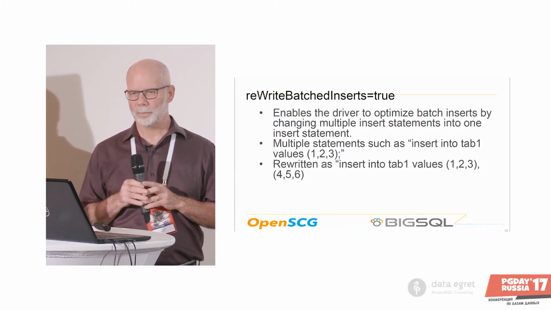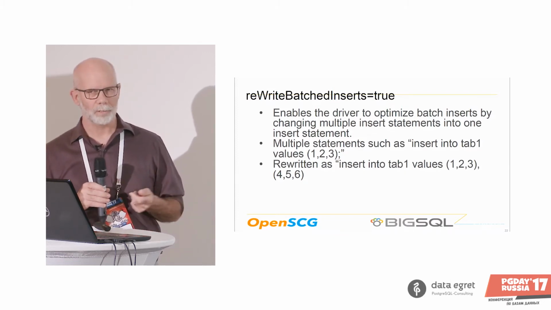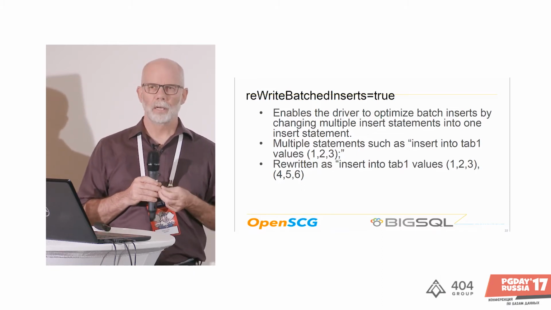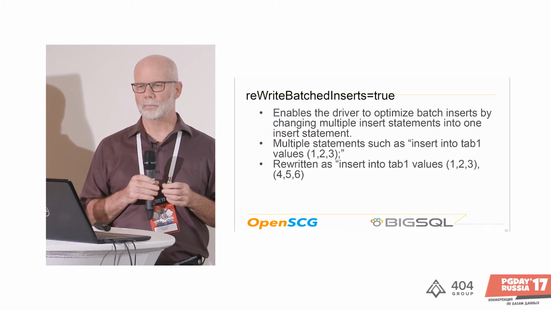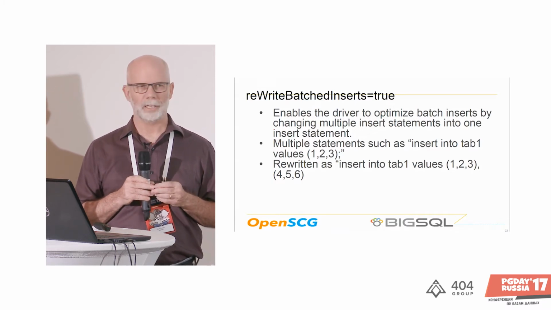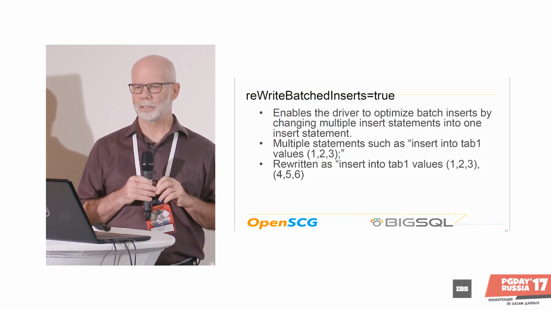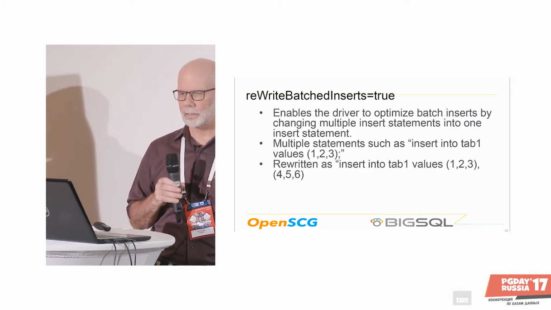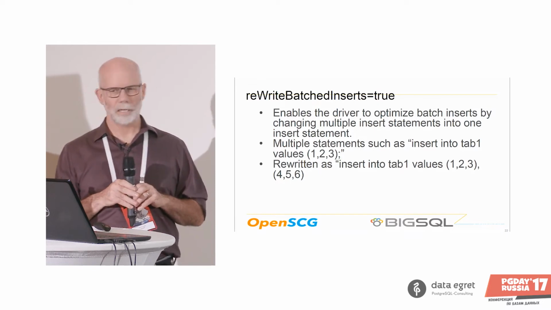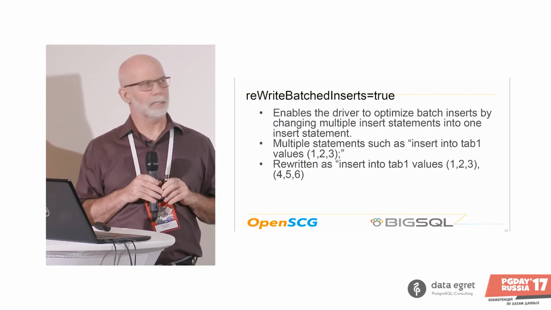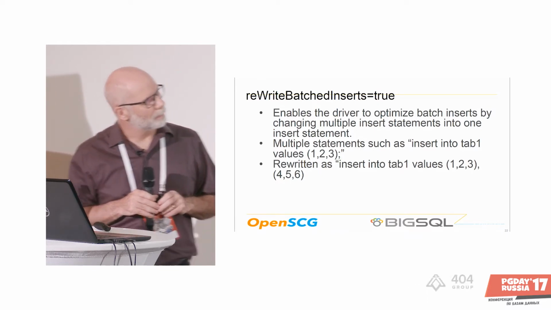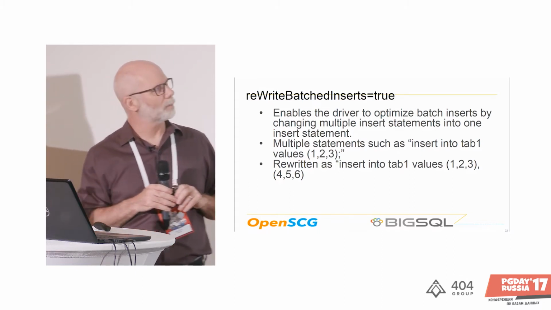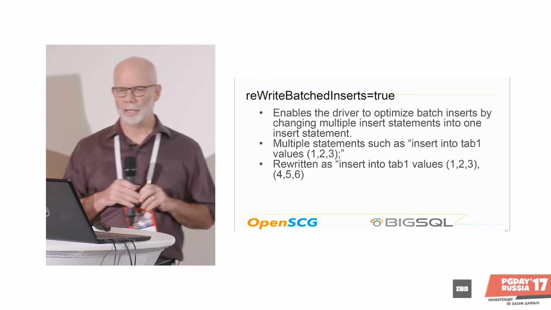So finally, some interesting ones that are more related to performance. Rewrite batch inserts equals true. This enables the driver to optimize batch inserts by changing multiple insert statements into one insert statement. So how is that possible? If you see the third line, you can actually insert multiple values into a table using one statement.